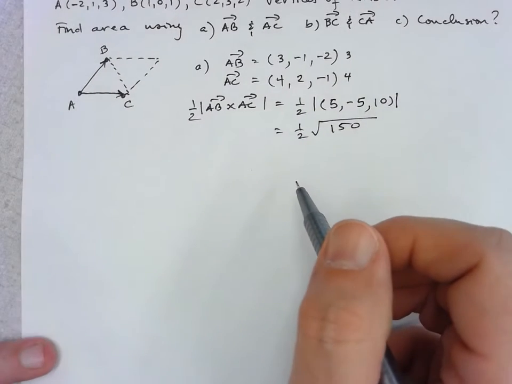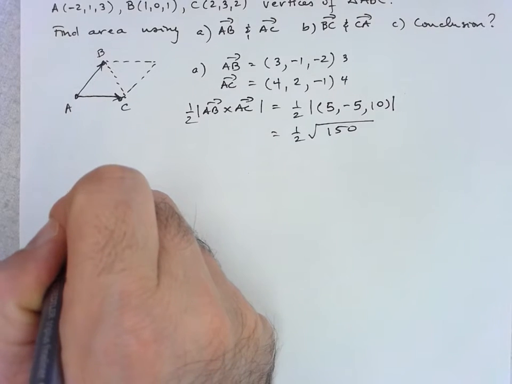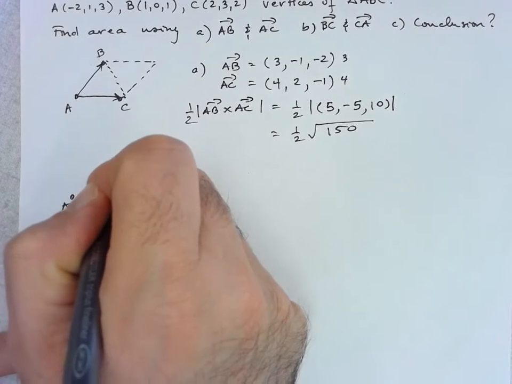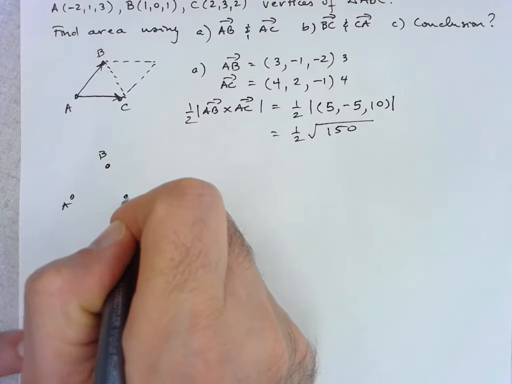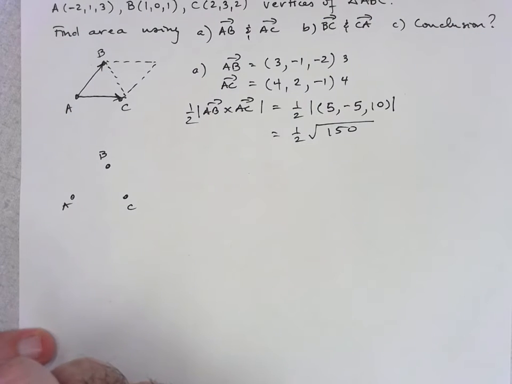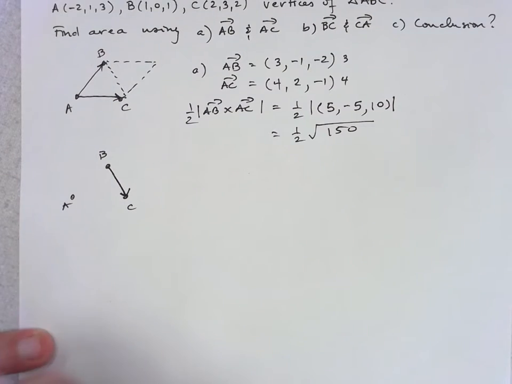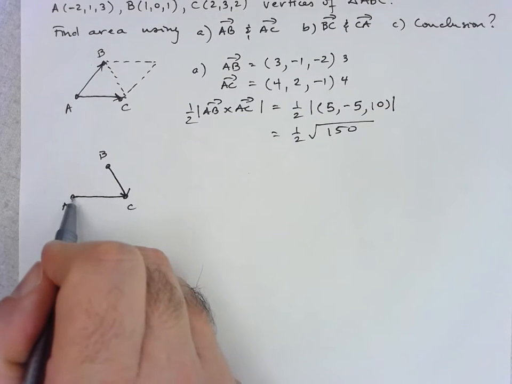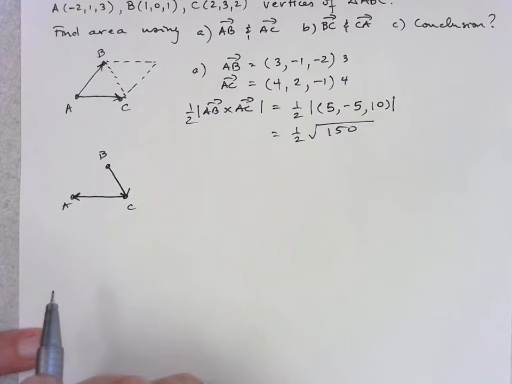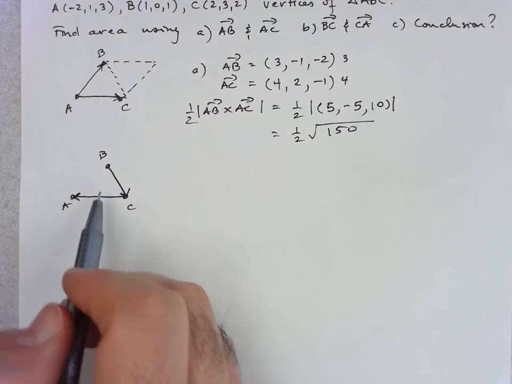Okay, so if we go to B, we still have the same triangle, A, B, and C. This time though, they want us to use BC and CA. Now the first thing I notice is that these two vectors are not placed tail to tail. But think of it this way.